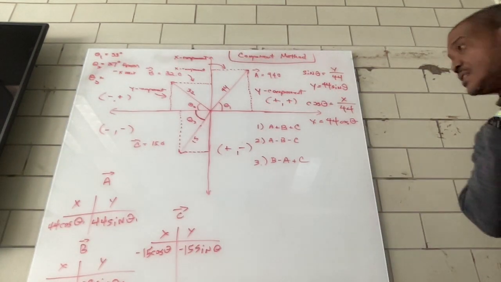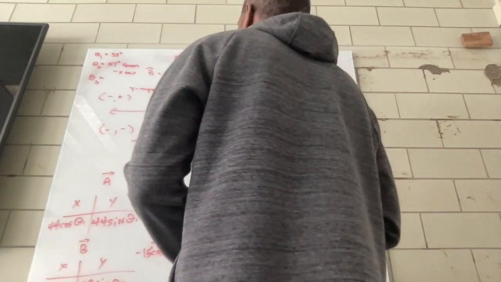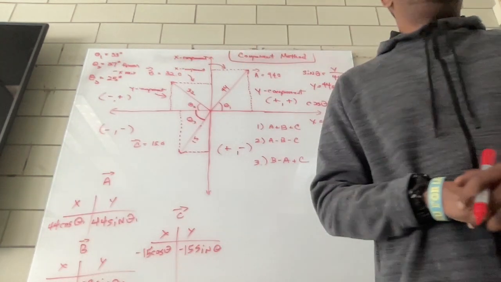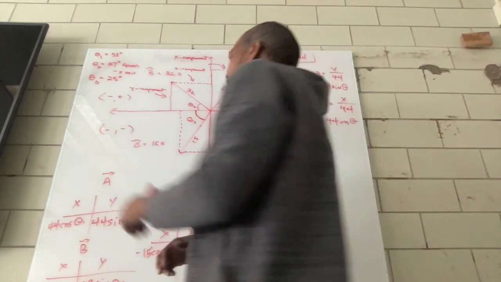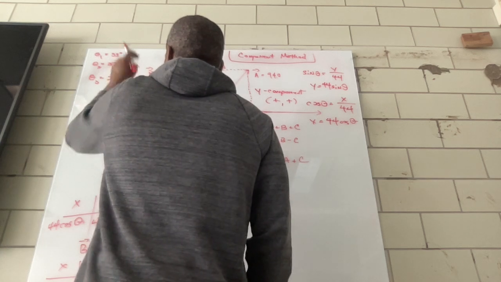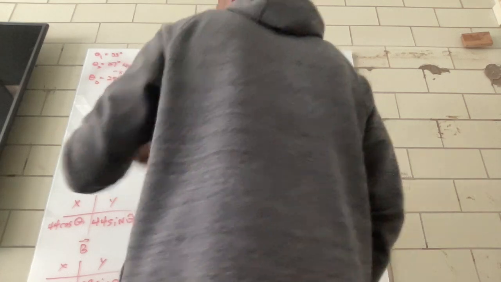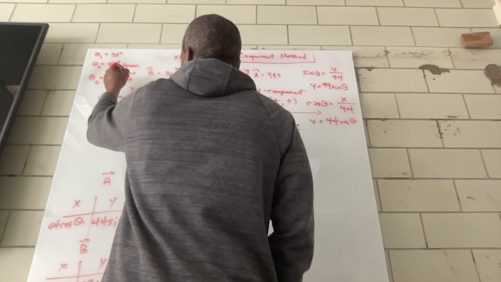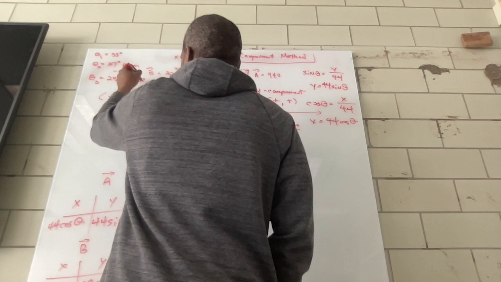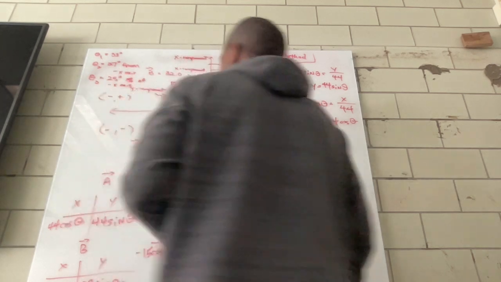Theta 3 is, it'll say something like, let's say 25 degrees south of negative x-axis. Okay?